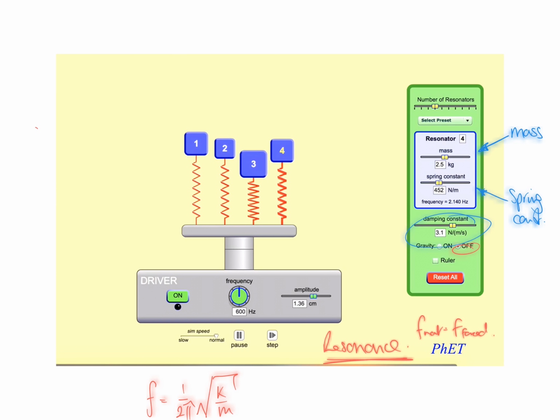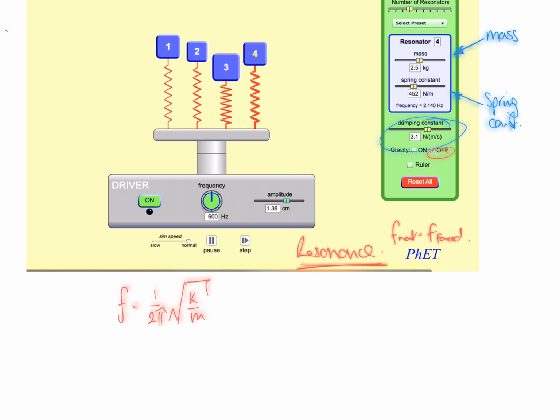Okay, wonderful. So I'm going to take you through those bits again, and we're going to see why each of those resonated at the point that they did. I'm going to make use of this equation here, and I'm going to work out the natural frequency of each of them.